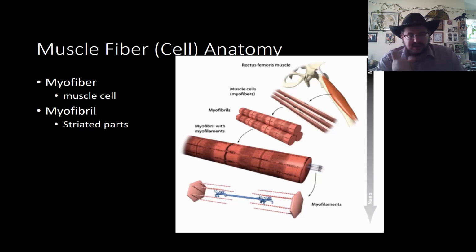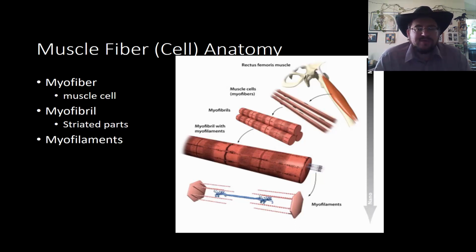So, single myofiber, big long fiber, big long cell with lots of myofibrils in it, lots of contractile units. Within the myofibril, we find the myofilaments. Myofilaments are proteins for muscle contraction.